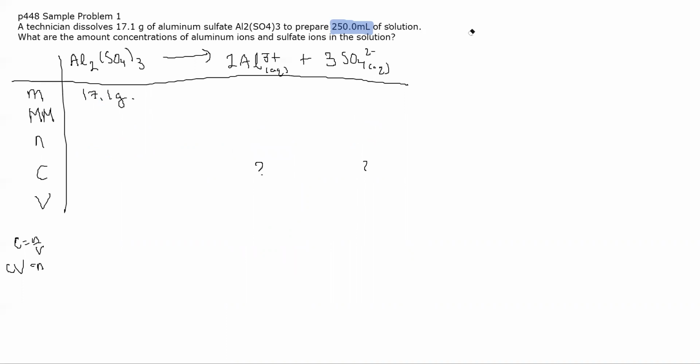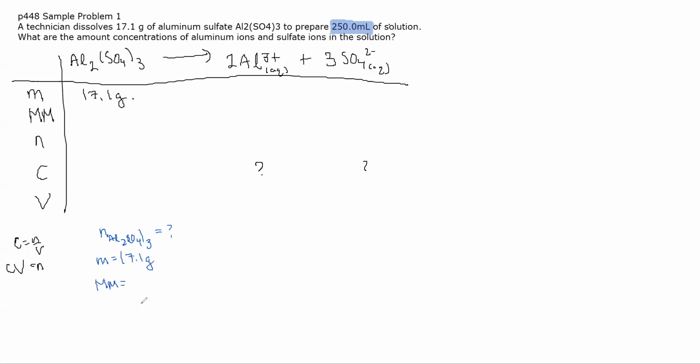All right, let me play that out for you in case I've lost you already. Let's take a look. I'm going to first take the number of grams of aluminum sulfate and calculate the number of moles of aluminum sulfate. Okay, the mass is 17.1 grams.